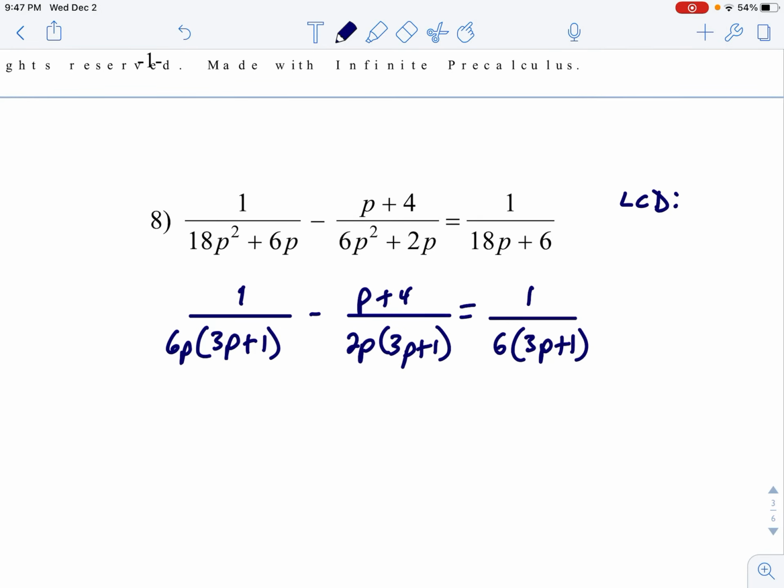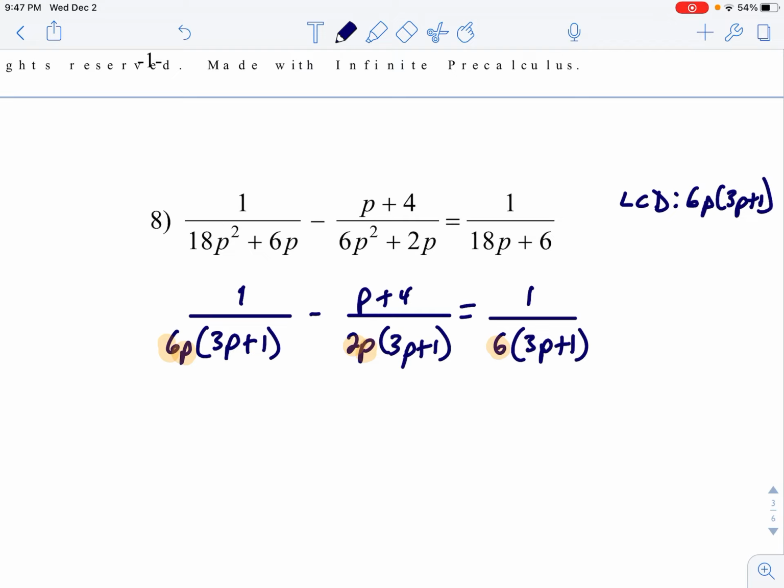So now to find the LCD, every denominator has a 3p plus 1 in it. Some of the denominators have p, so that means we need p to make it a common denominator. And then 6, 2, and 6, like before, you pick the higher number, as long as 2 divides into 6, and it does.